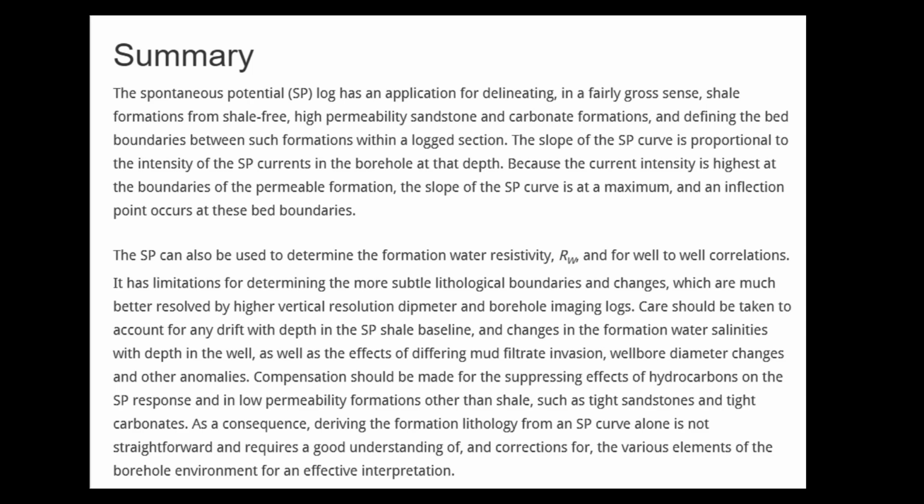As a consequence, deriving the formational lithology from an SP curve alone is not straightforward and requires a good understanding of and corrections for the various elements of the borehole environment for an effective interpretation. So this is why we have to use the SP curve in combination with other logs that are going to secure interpretation, so that we don't confuse things, because we have to make a lot of corrections.